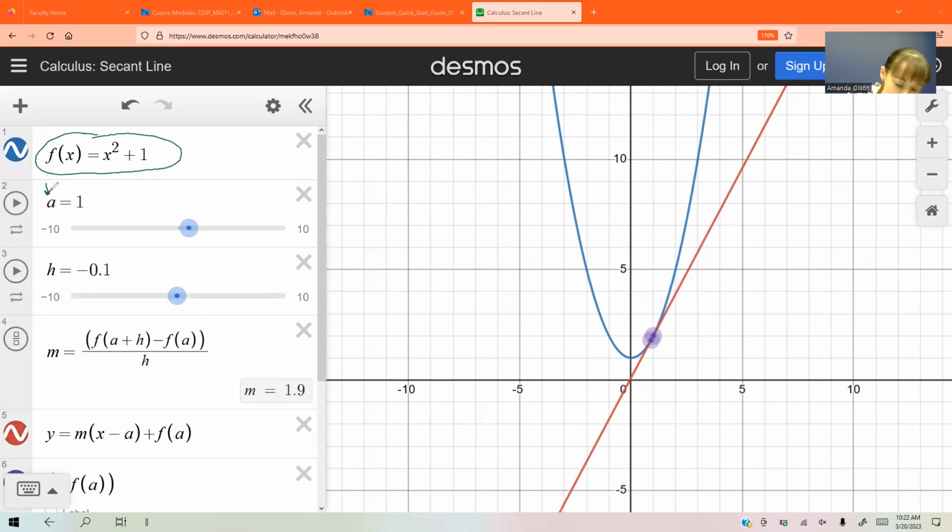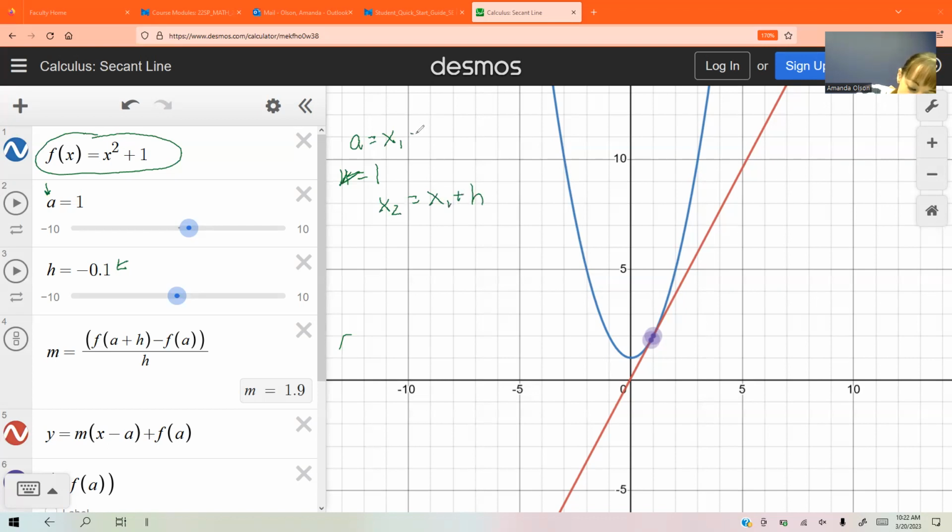This a value is my first initial x, and h is just the distance between my first and my second x value. So if a equals 1, which is my x1, my x2 is going to be whatever x1 was plus that h.